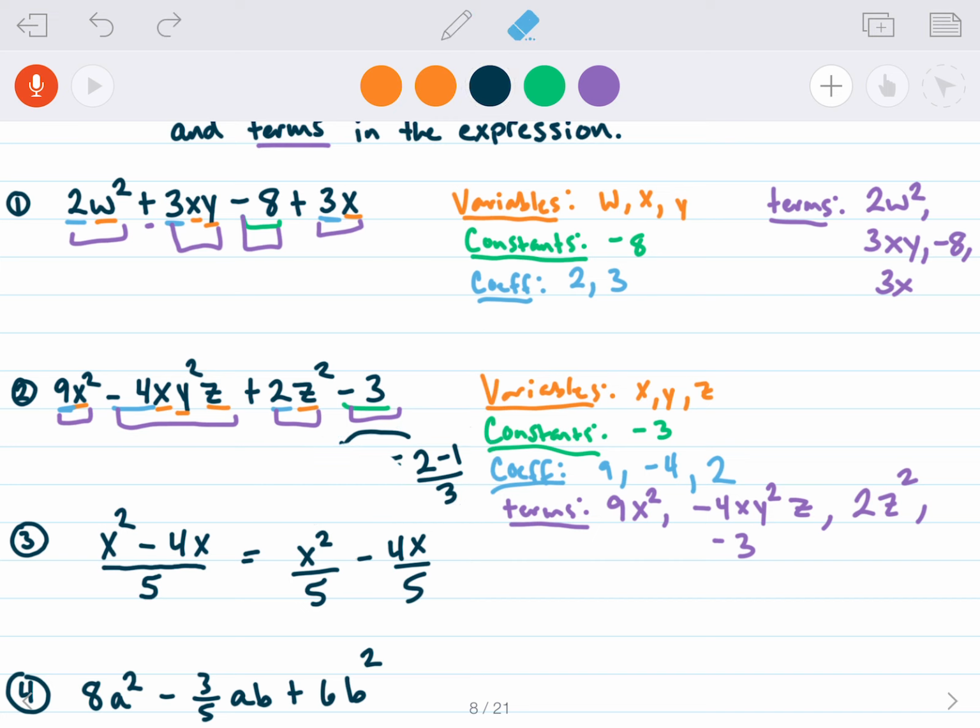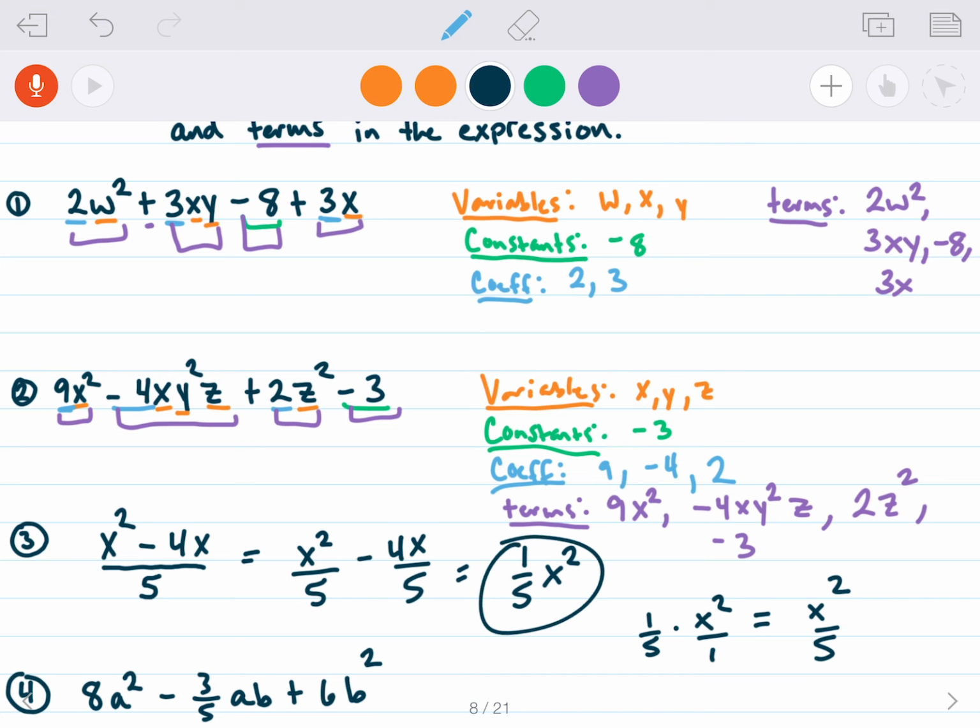Then I can write this a little more clearly so that I can see what the coefficients are. This is the same thing as 1/5 x squared. Why is that the same thing? Because 1/5 times x squared over 1, if we multiply straight across, is x squared over 5. I like to write it like this.